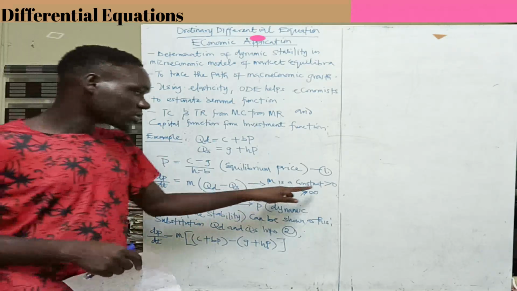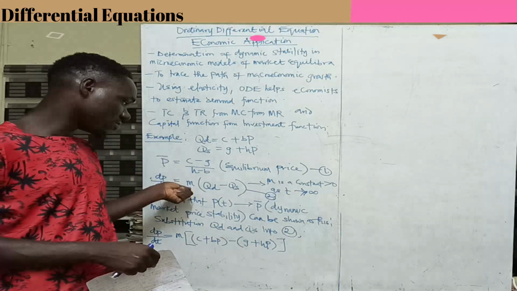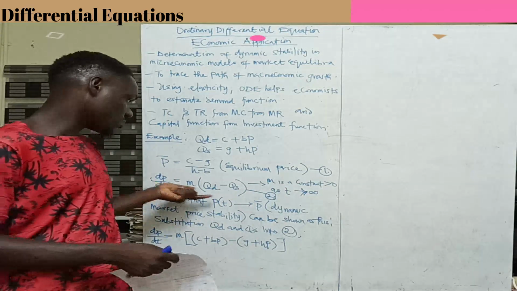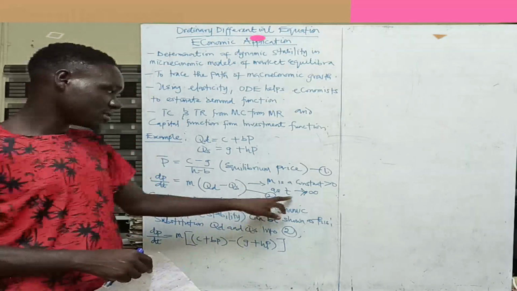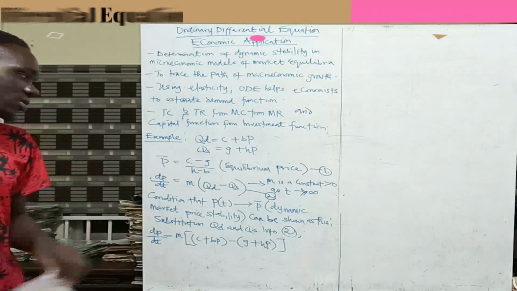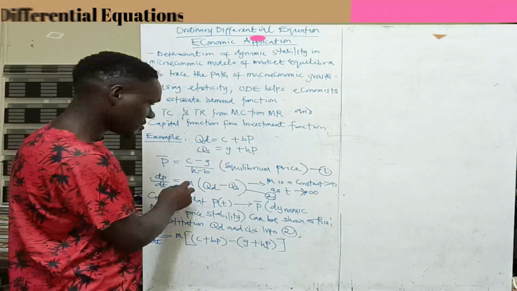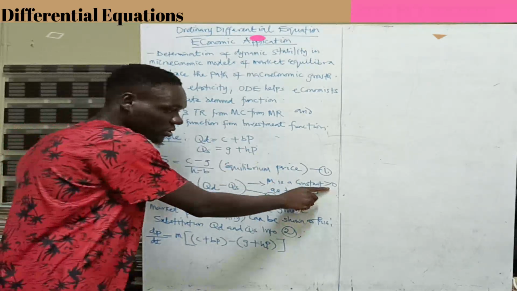So the m here is a constant, and it is positive. In this case, we are assuming that this is positive. So as we move across time, it increases because this is positive here.